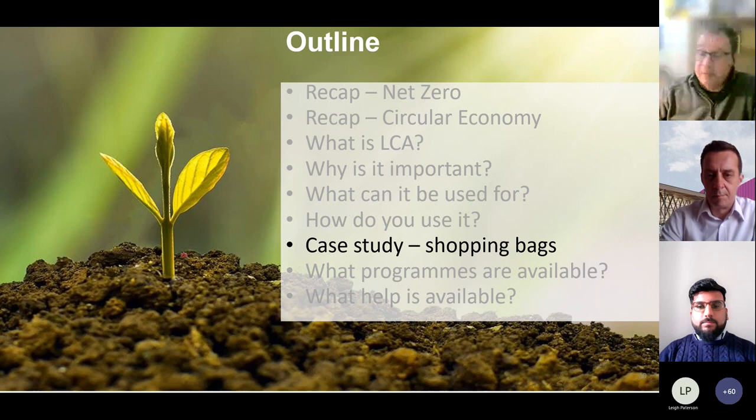Right. So as Lee mentioned, there's a good case for the shopping bags. Just to say, as a team, we've actually carried out a life cycle assessment on wind turbines. A bit of a bigger example than this one, but to really look at the options at the end of life. Do you repower the wind turbine? Do you strip it, leave it alone, or do you demolish it?